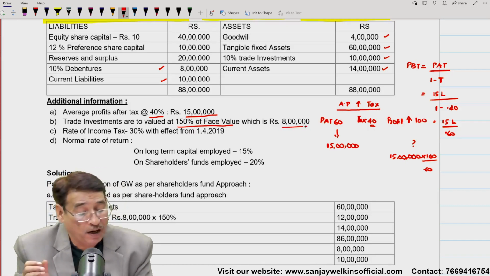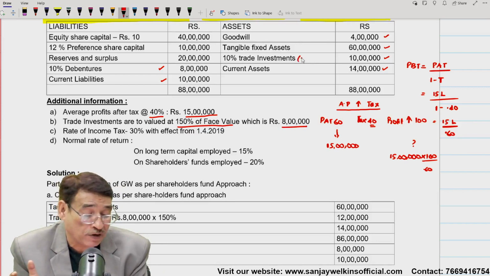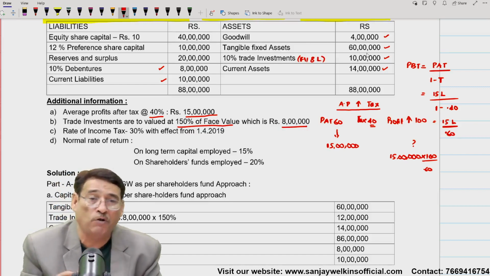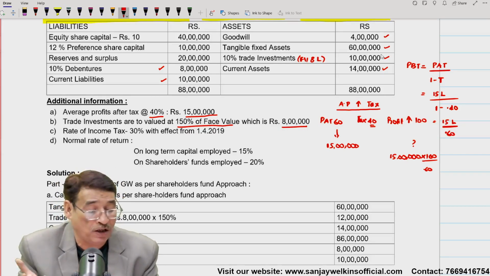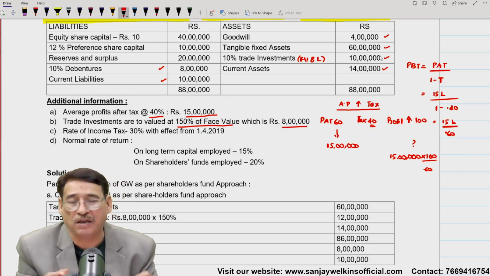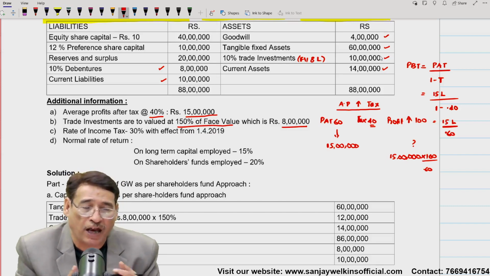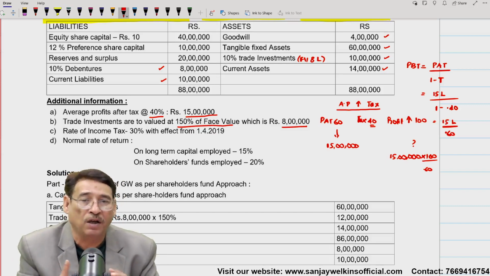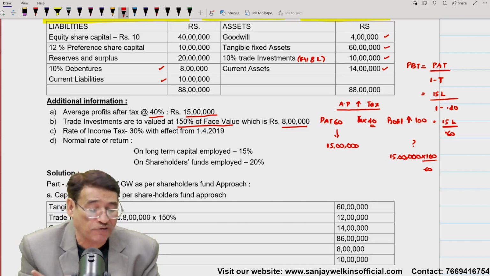Now the question says that investments are valued at 150% of the face value and the face value is 8 lakh. Many a time I have seen students create a lot of confusion. Face value of investment is 8 lakh. In the outer column we have written 10 lakh. What does this 10 lakh suggest? This 10 lakh suggests the amount which we have actually paid to get the investment of face value of 8 lakh.